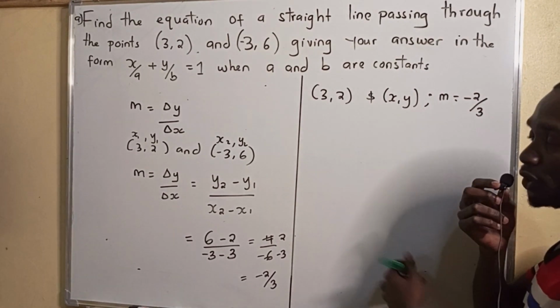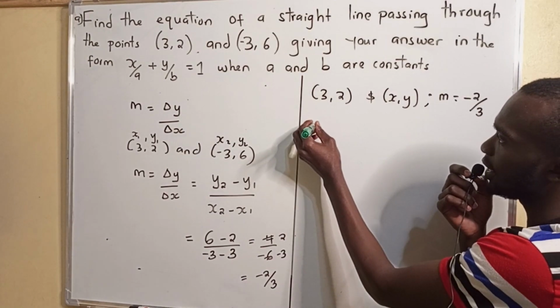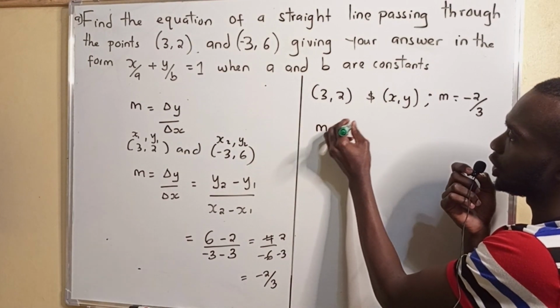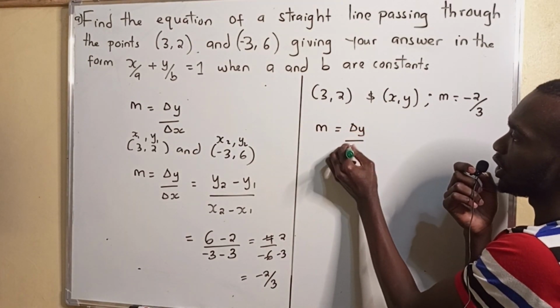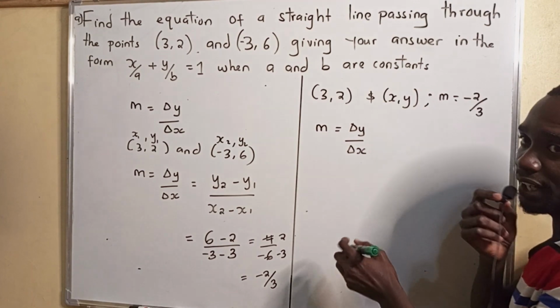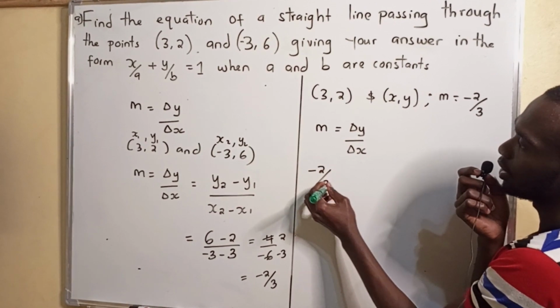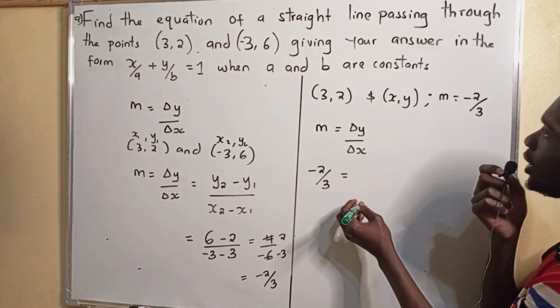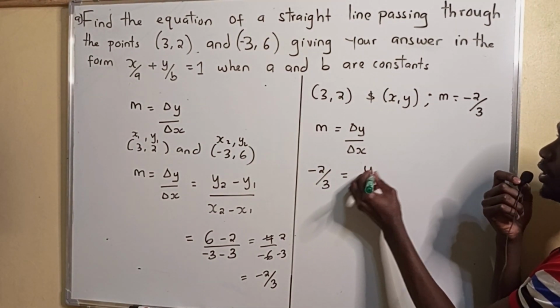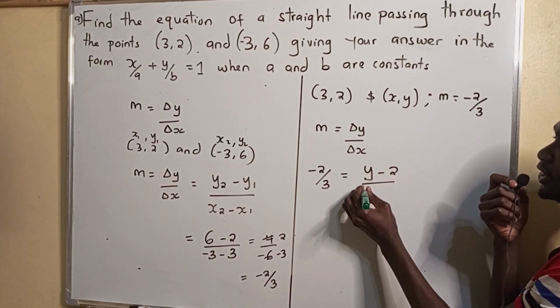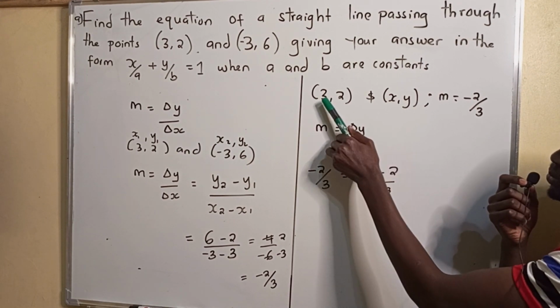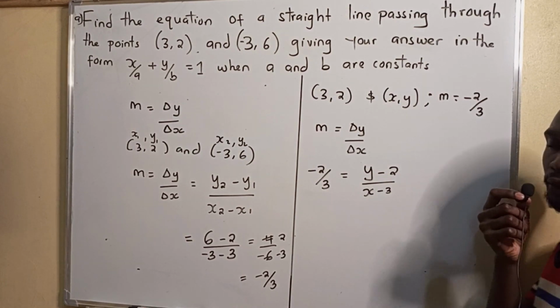To find the equation, we write the gradient equal to the change in y over the change in x. So minus 2 over 3 is equal to y minus 2 over x minus 3.